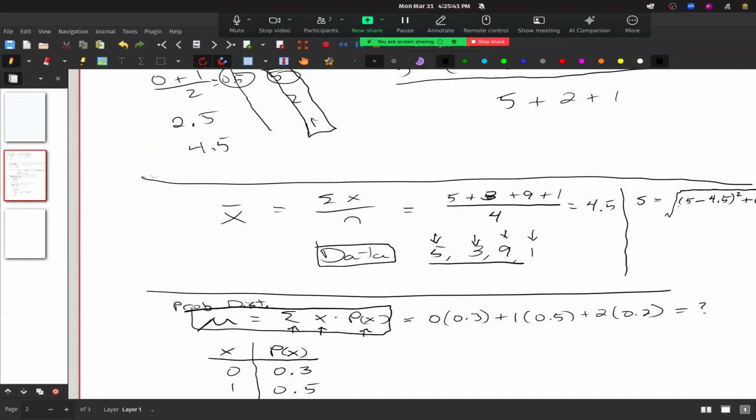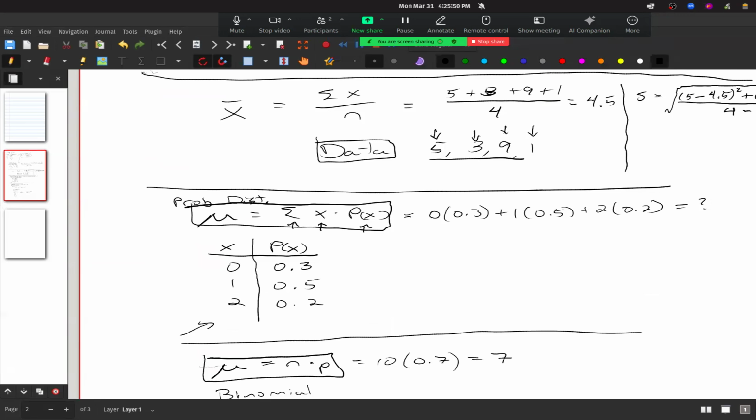And then on the bottom, you just divide by the number of data that you have, so 4 in this case, but for standard deviation, we always subtract 1 from it. So that's what the formula means. I'm using the first formula, which is sigma of x minus x bar squared over n minus 1.